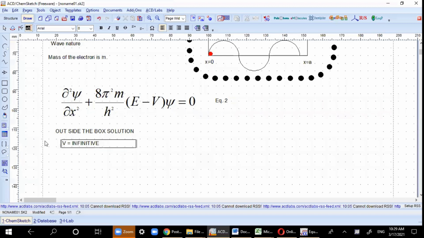If we substitute V equal to infinity in d square psi by d x square plus 8 pi square m by h square into (E minus V) into psi equal to 0, we get infinity into psi.